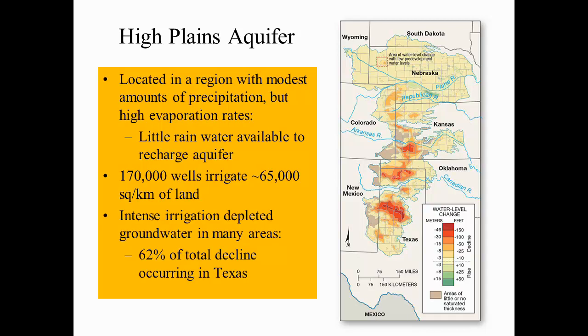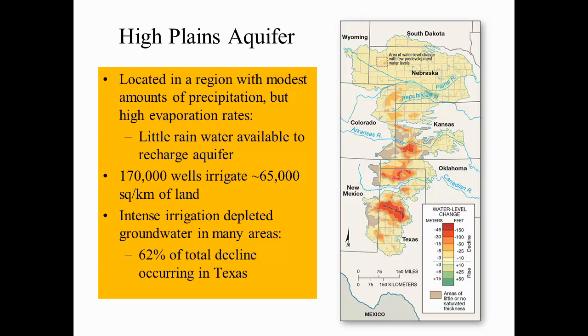And as a result of this intense irrigation, groundwater was significantly depleted in many areas. For example, 62% of the total decline occurred just in West Texas.